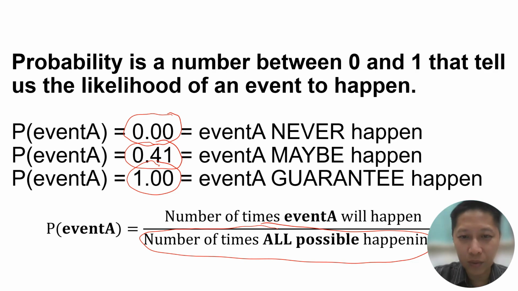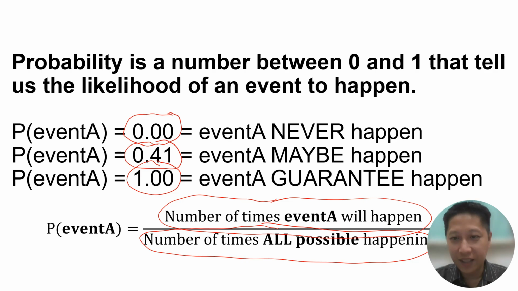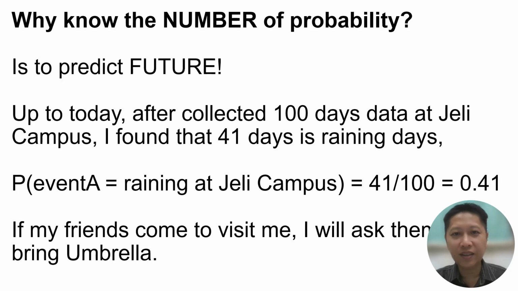The numerator is our preferred event quantity, our preferred number. Why do we want to know this number, 0, 0.41, 1.0? Because the number helps us predict the future.